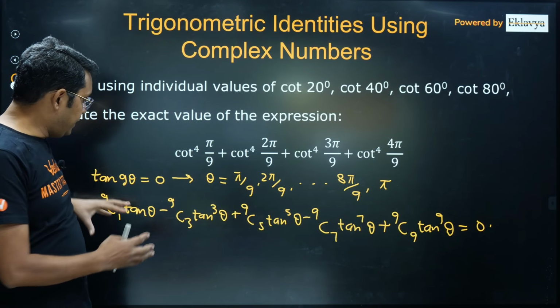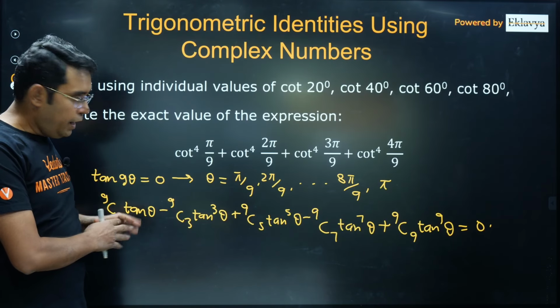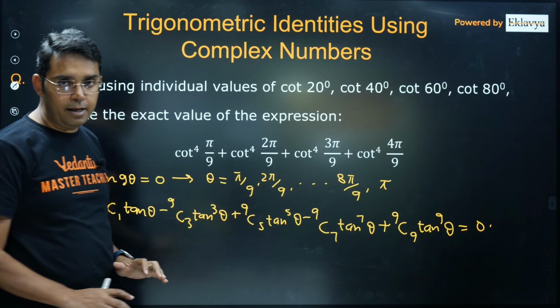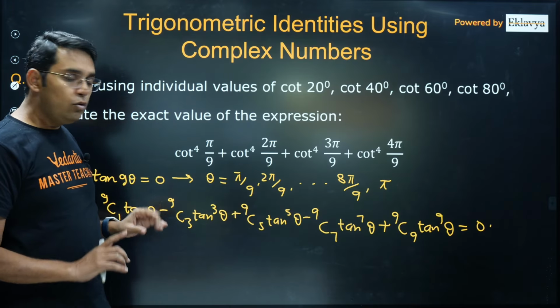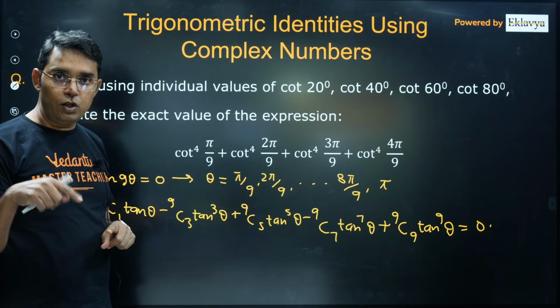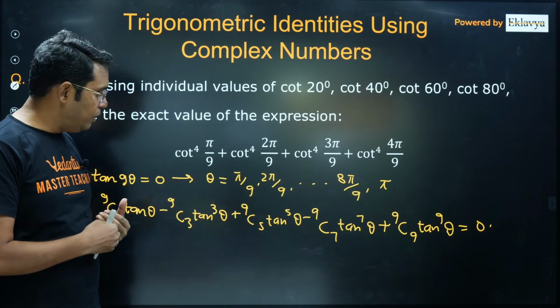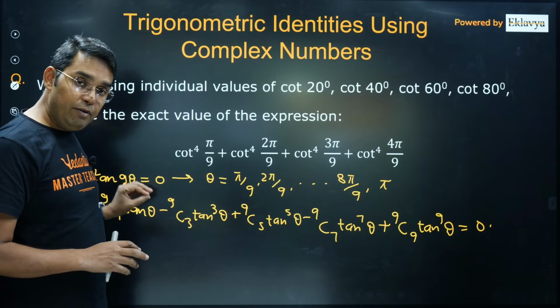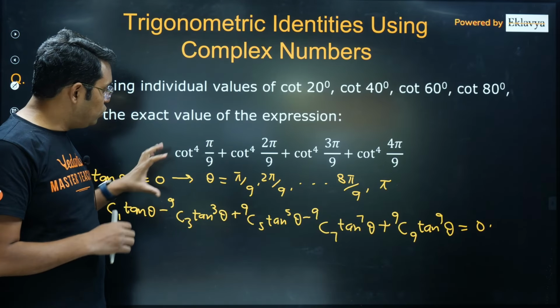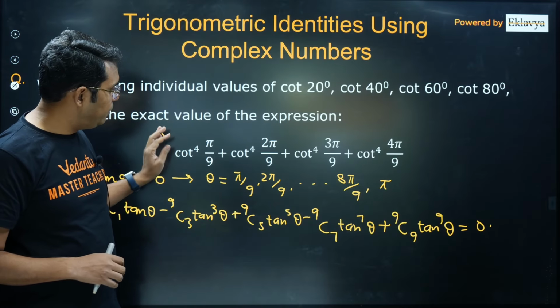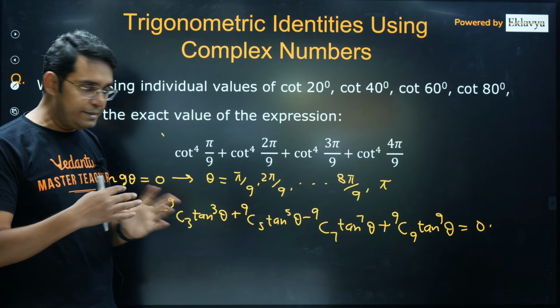So if I take the tan theta factor out and write the remaining thing here, I will only be losing that root tan 0, tan pi, which anyway I am not looking for. My idea here is that I will create a polynomial whose roots are in terms of cot, maybe cot pi by 9, something like that. Let's see how it will come.